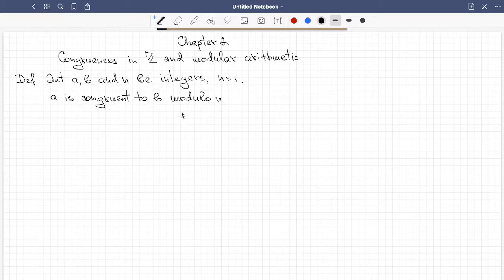I frequently say mod n for brevity. The same sentence can be written as a, three-dash congruence symbol, b mod n. This is a notation for the sentence a is congruent to b modulo n.